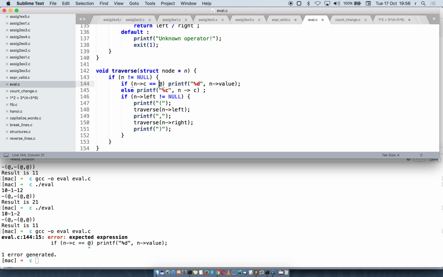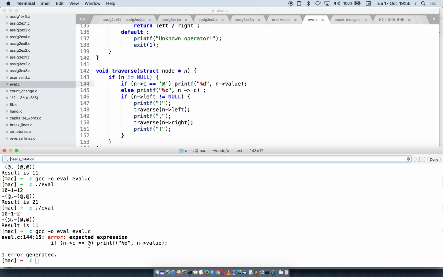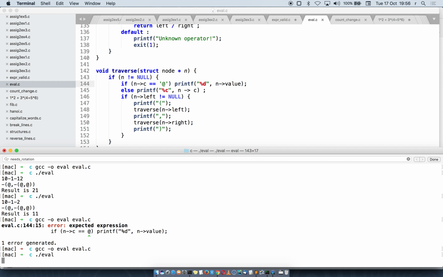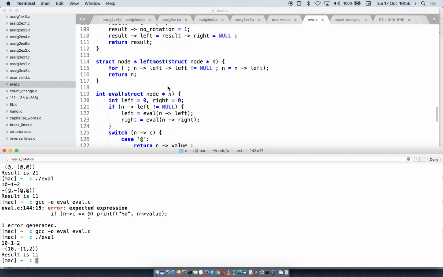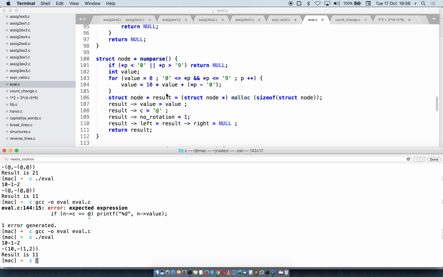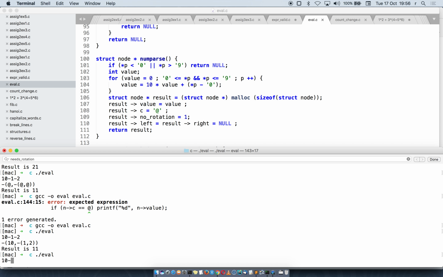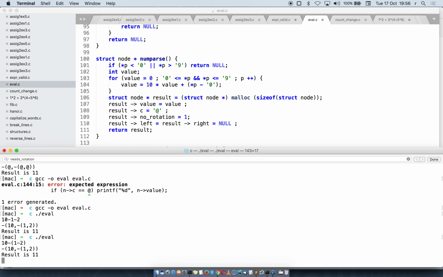Yeah, this is quotes. So 10 minus 1 minus 2. So it is not rotated. 10 minus 1 minus 2.